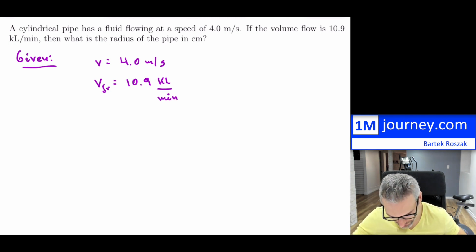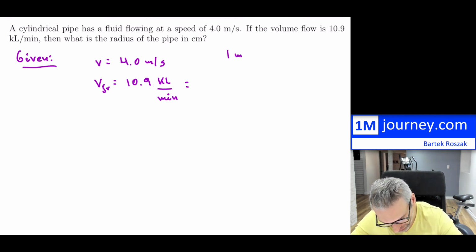In this case, if we want this in metric standards, recall that 1 meter cubed is equal to 1,000 liters, or really 1 kiloliter. So this is the same thing as saying 10.9 meters cubed per minute.